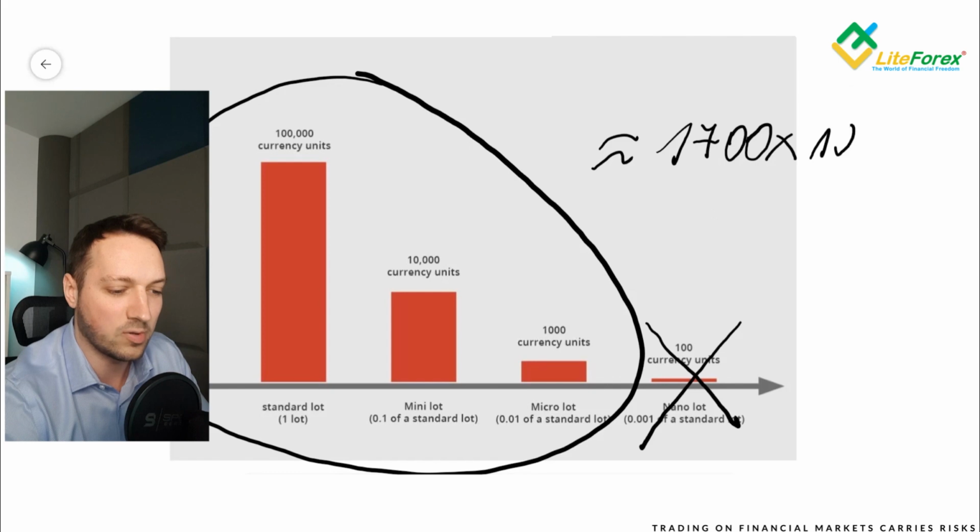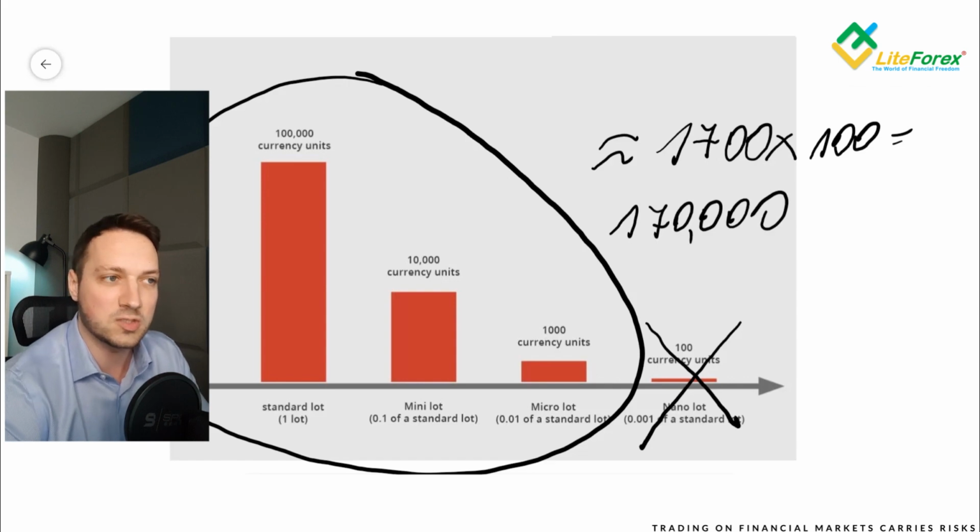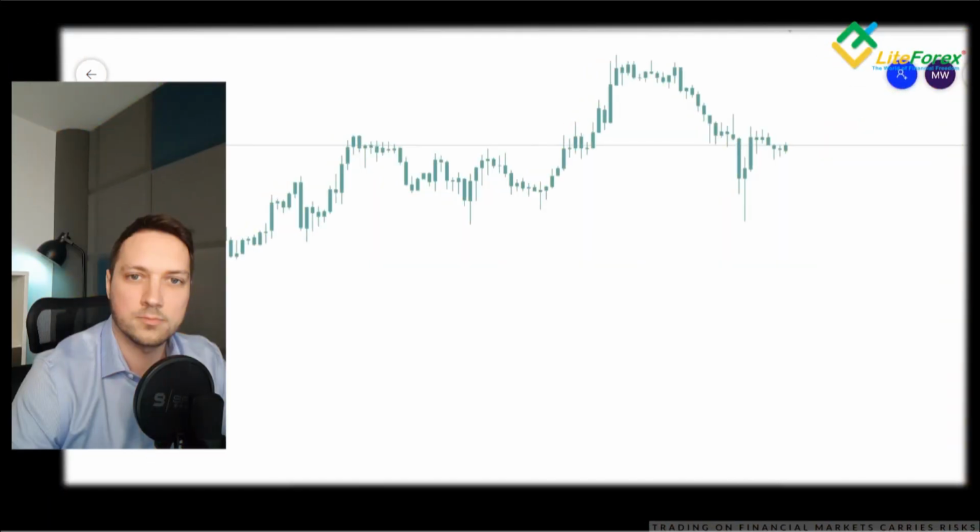And if we multiply that by 100, we get 170,000. That is why most probably you saw a difference when you traded the same volume on a currency pair and then tried it on gold: the changes from the price movement are way bigger on gold than when trading currency pairs. So now maybe let's switch to the platform and do more calculations.